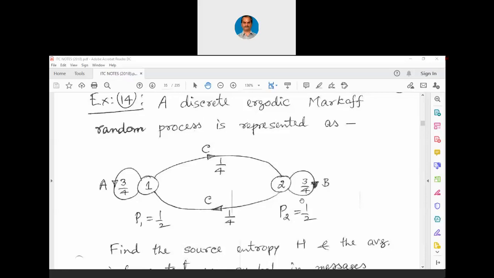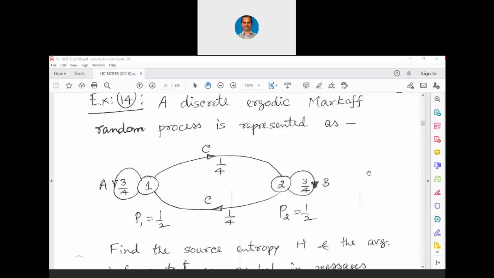Otherwise, within state 1, A is emitted, and within state 2, B is emitted. Now, as we assume that all the states have equal probability, P1 is half and P2 is half, because this process has only 2 states.